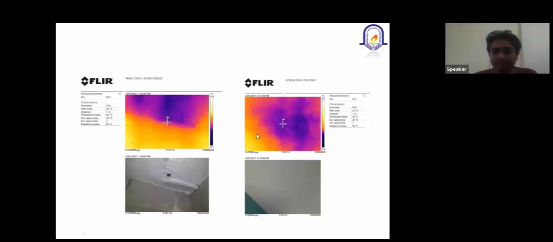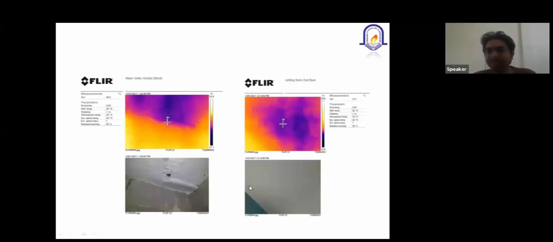After doing the analysis, there are many parameters given by that particular camera itself. For example, emissivity, temperature, distance, atmospheric temperature, external temperature, and also the relative humidity. All these things come directly from this camera. Now in this picture, can you see anything?